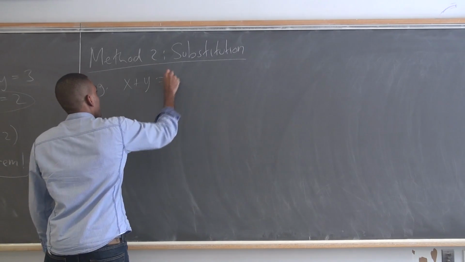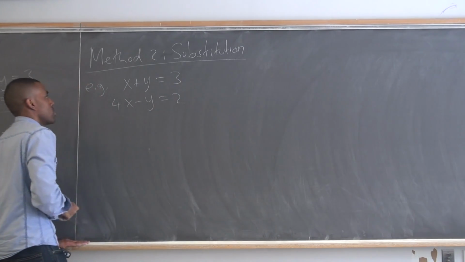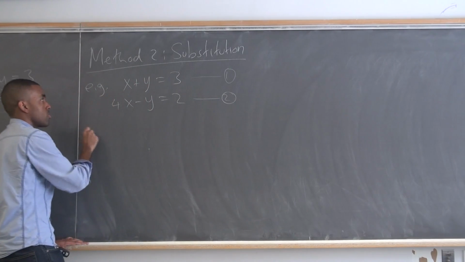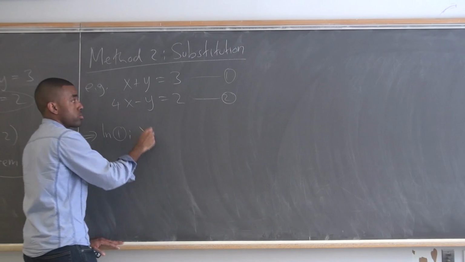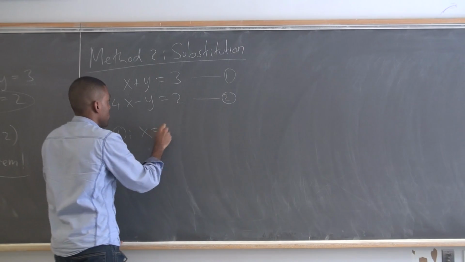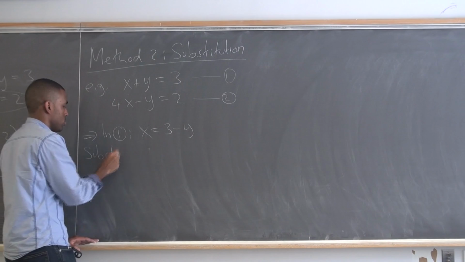x plus y equals 3, 4x minus y equals 2. In equation 1, I can solve for any one really. I can solve for x, for example, and then substitute into 2.